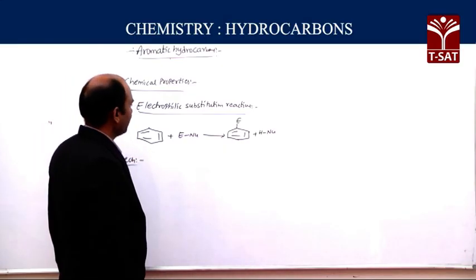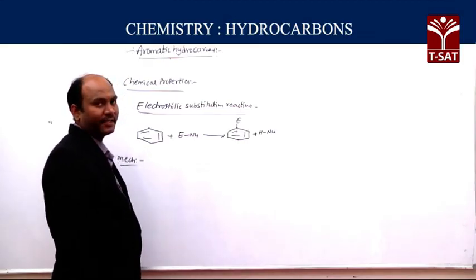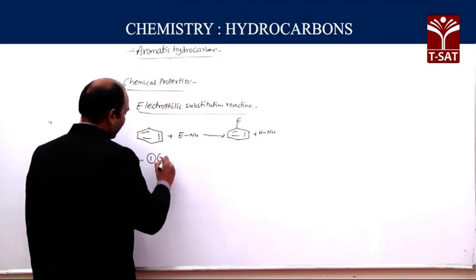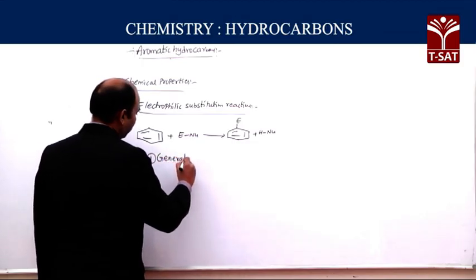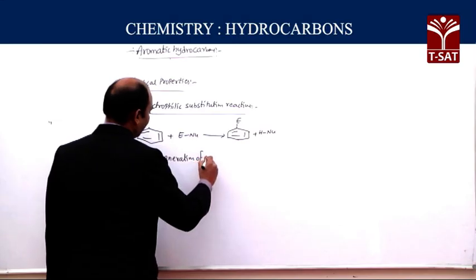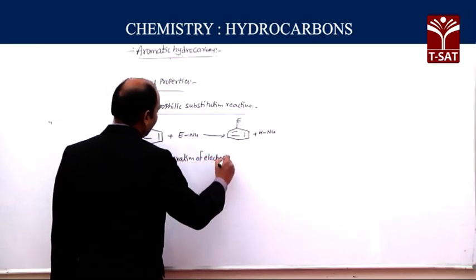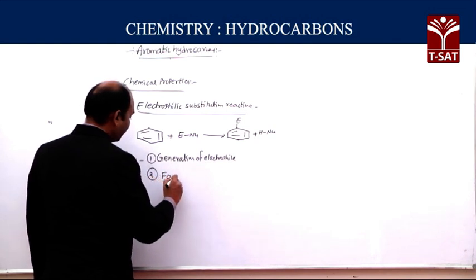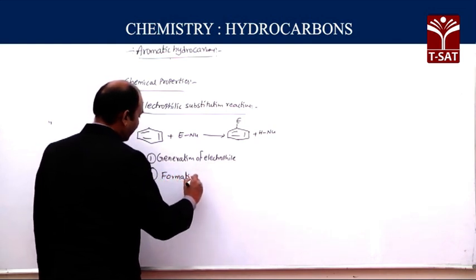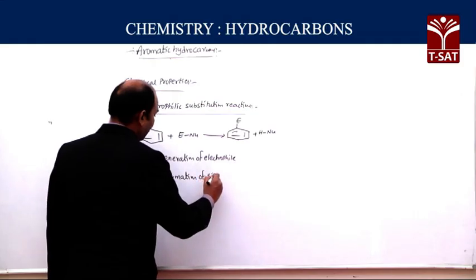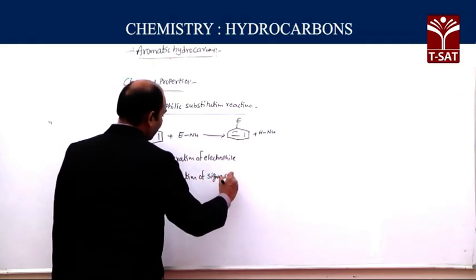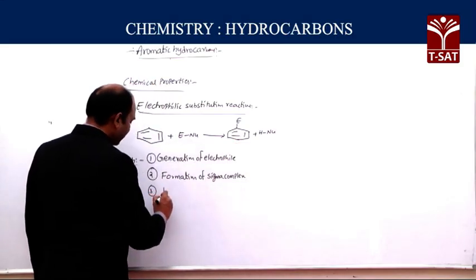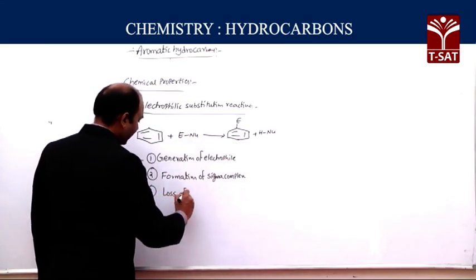Electrophilic substitution reactions take place in 3 steps. First is generation of the electrophile, second is formation of the sigma complex, and third is loss of H plus.